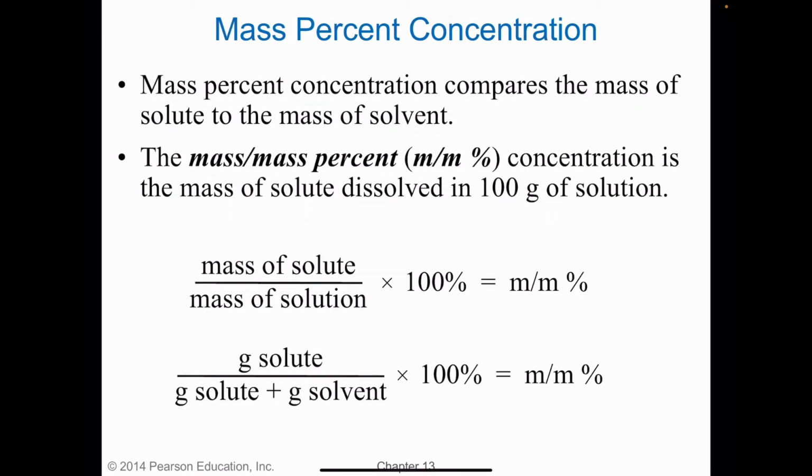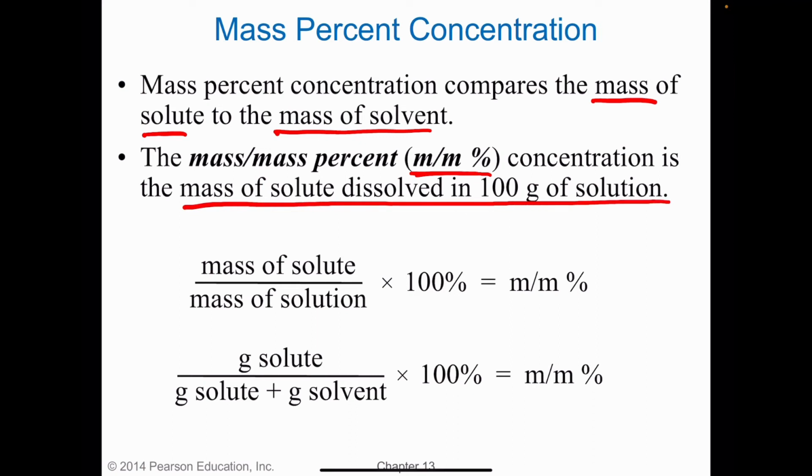So mass percent compares the mass of the solute to the mass of the solution. It's the mass of the solute dissolved in 100 grams of solution. That's the standard: we express it per 100 grams of solution, because remember, anytime you want to convert a number into a percent, you multiply by 100.